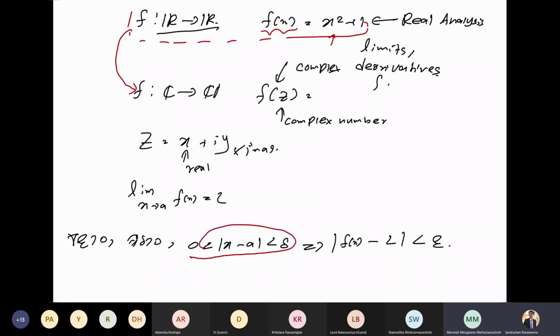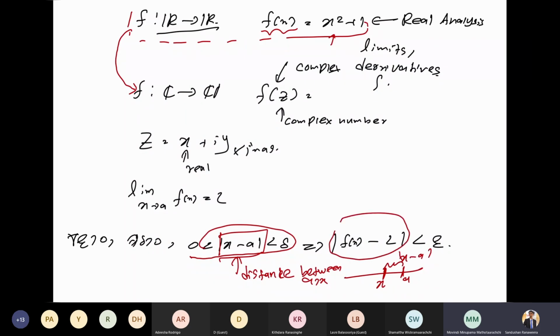We know this portion represents the distance between x and a, because if you have real numbers x and a, this distance is equivalent to the magnitude of x minus a. This is also equivalent to the distance between the value L and your function value. So we need to generalize this idea from real numbers to the complex plane.